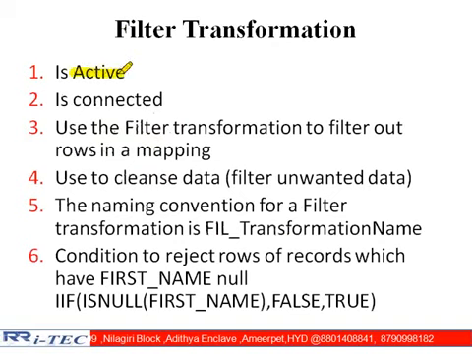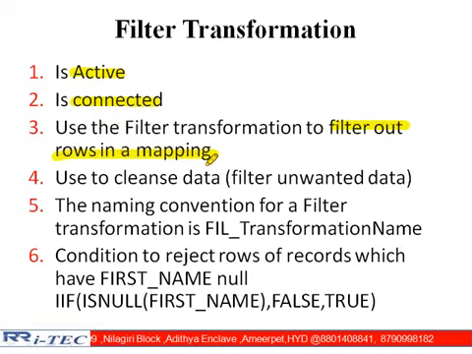Why? Because if I give n records, it gives n minus something records. The number of input records and output records are not equal, and at that moment we call it an active transformation. It is also a connected transformation, always connected with the flow. Use this filter transformation to filter out rows in a mapping.